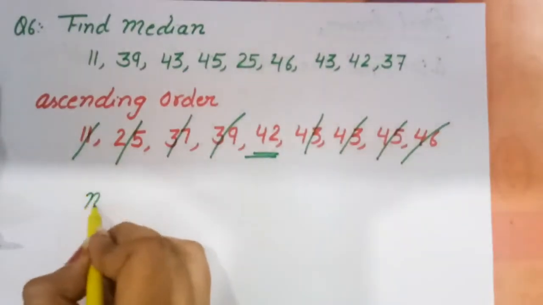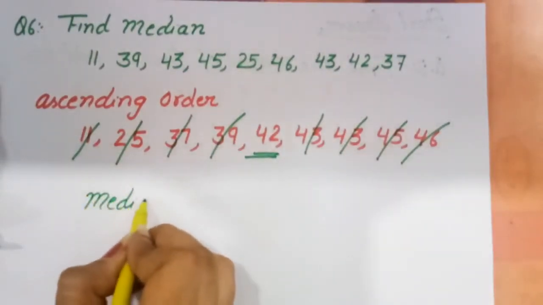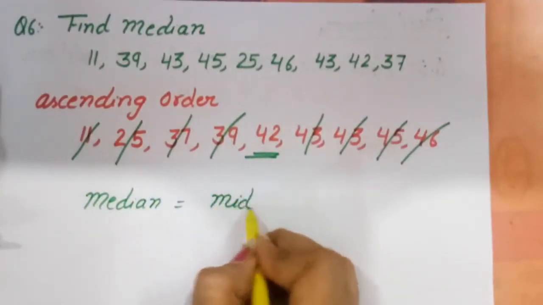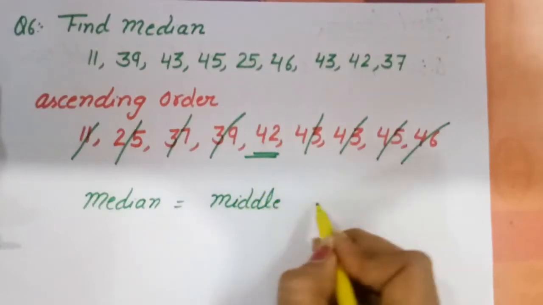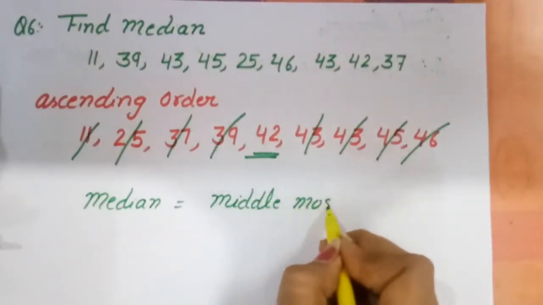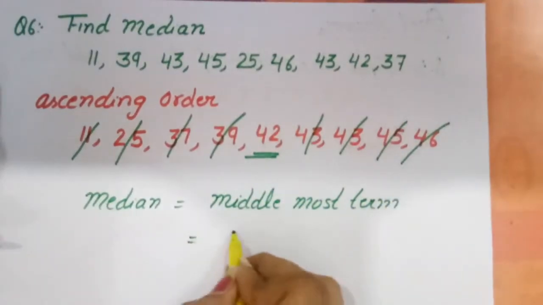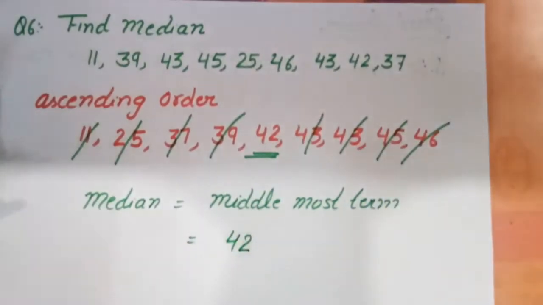We can write median is equal to the middlemost term of data, which is equal to 42. So in this way you can find the median of any set of data.